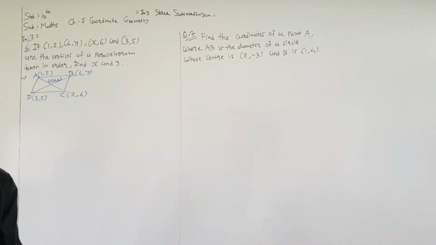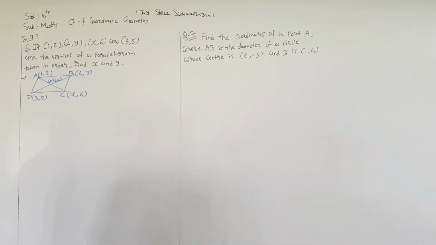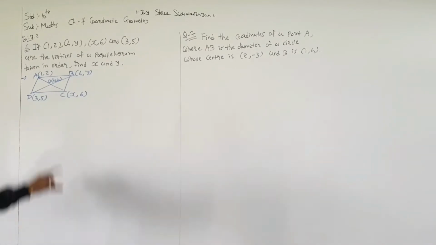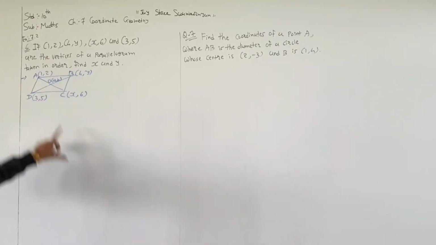Bisect each other means it divides the diagonal into two equal parts. That means AO is equal to CO, so O is the midpoint of AC.